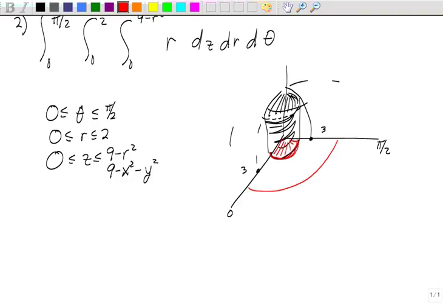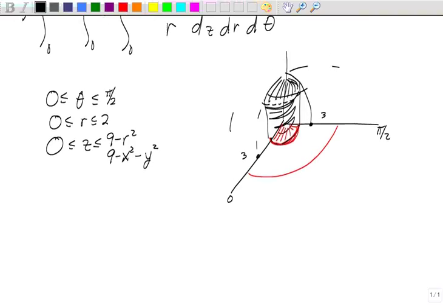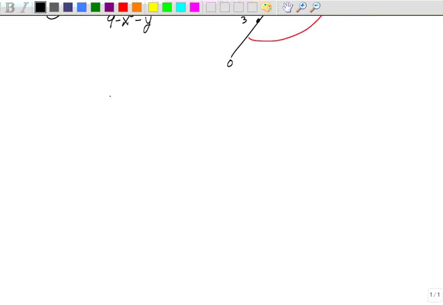Okay, let's see what it asks us to do. Sketch the solid whose volume is given by the integral and evaluate the integral. Okay, so I'll go ahead and evaluate this one. It's going to be with respect to z first, so we get rz from 0 to 9 minus r squared, which is 9r minus r cubed.